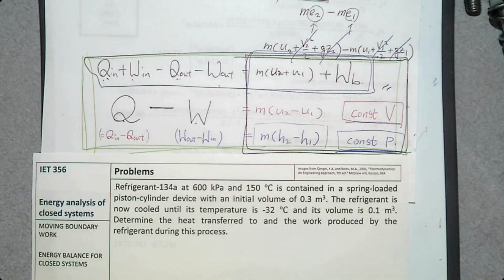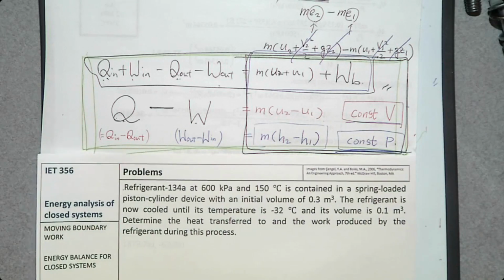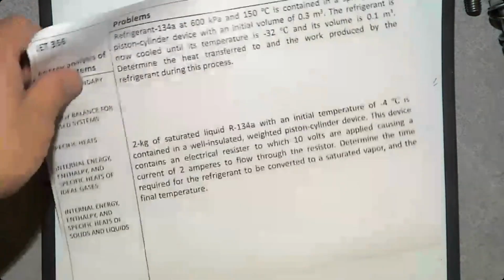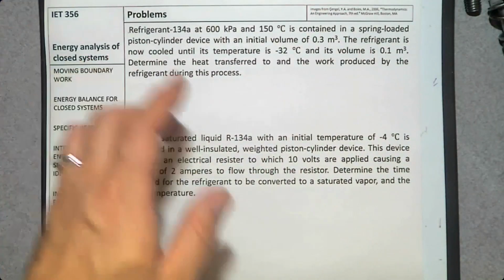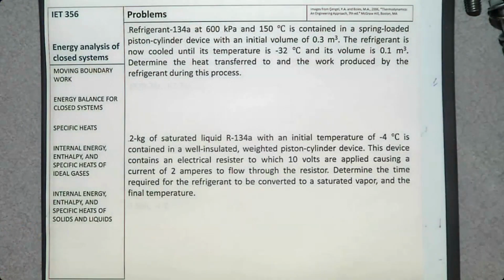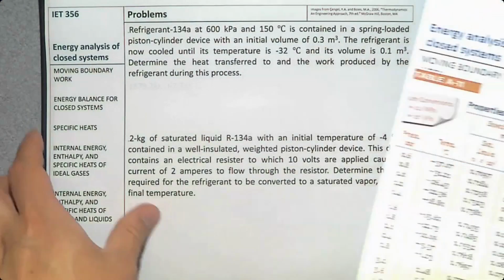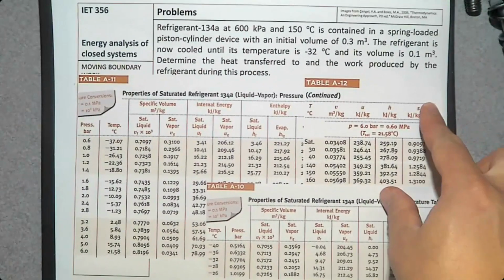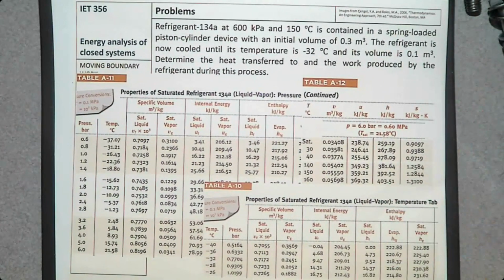The first thing you need to learn here is whenever you have a refrigerant, it is a phase change material. I have another version here that has all the tables that you need. R134A, refrigerant 134A, similar to water.